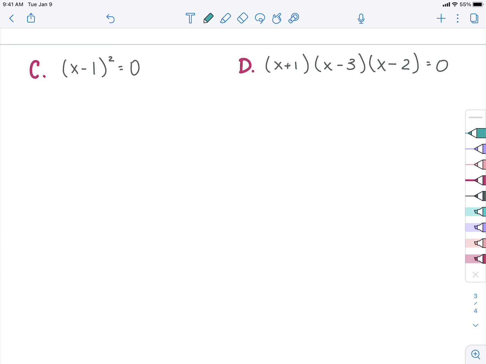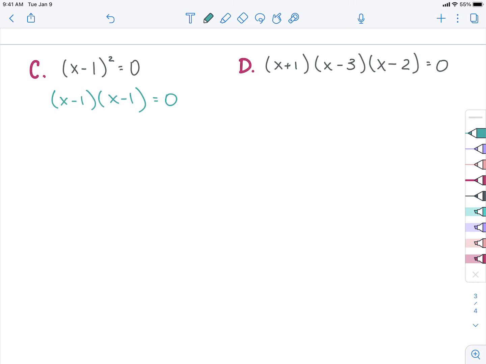We really just have x minus 1 times x minus 1 equals 0. So this is a special case where even though I have 2 sets of parentheses, I'm only really going to get one answer because both of my parentheses are exactly the same.